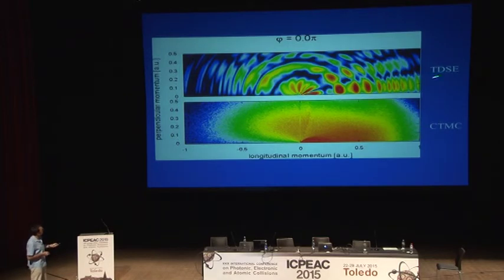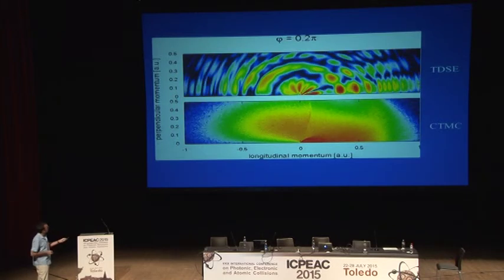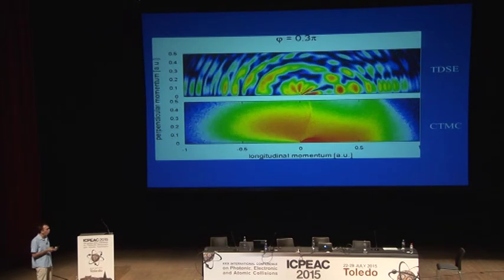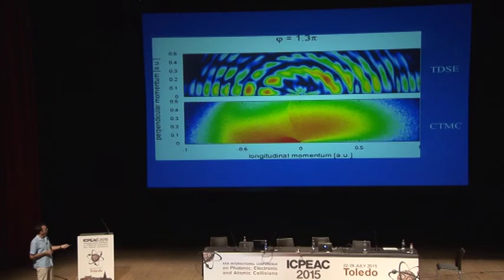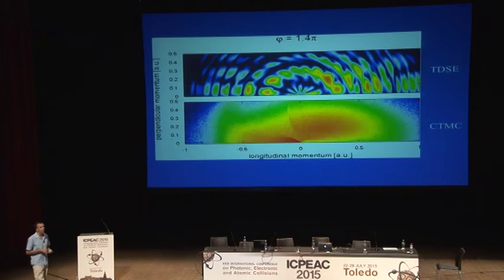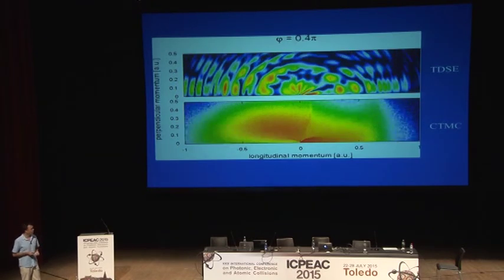Of course, the TDSE calculations show a lot of rich structures, as I have shown before. And these structures are not present in the classical calculation, as expected. But the asymmetry of the distribution is quite well tracked by the CTMC calculation. So in some sense, we can say that we have some degree of quantum classical correspondence.